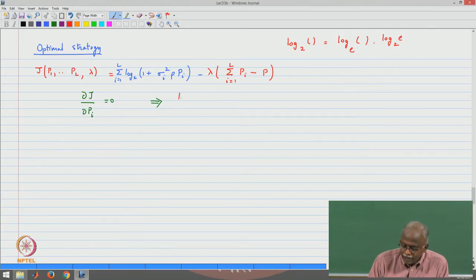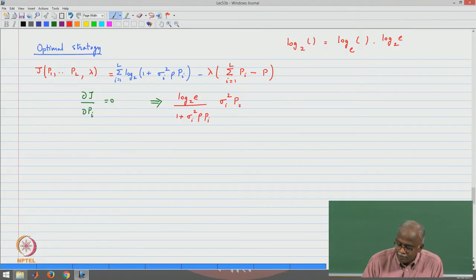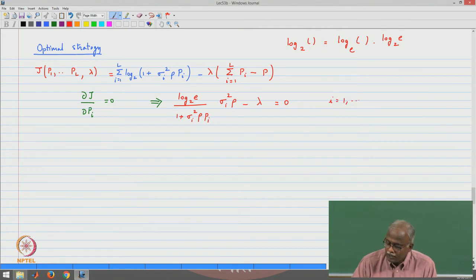So this will give me log e base 2, that is a constant, and when I differentiate the natural logarithm of 1 plus sigma i squared rho Pi, I get 1 over 1 plus sigma i squared rho Pi, and then in the numerator sigma i squared times rho, since I am differentiating with respect to Pi. Then on the other side we get minus lambda equal to 0. Okay. So we will get similar expressions for i equal to 1 all the way through L.